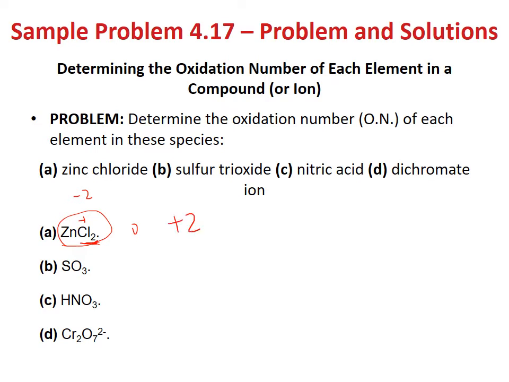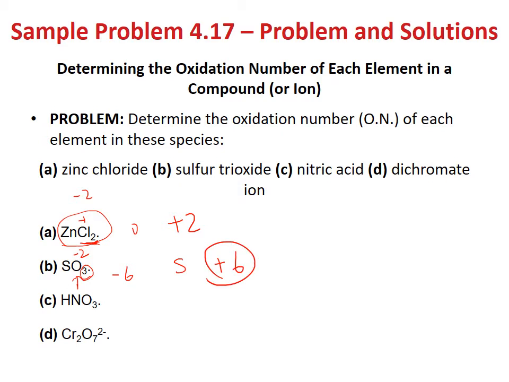Next one, oxygen is -2. You have 3 of them, so the sum of the oxidation numbers of oxygen should be -6. In order for the sum of the oxidation numbers of the molecule to be 0, sulfur must be +6.